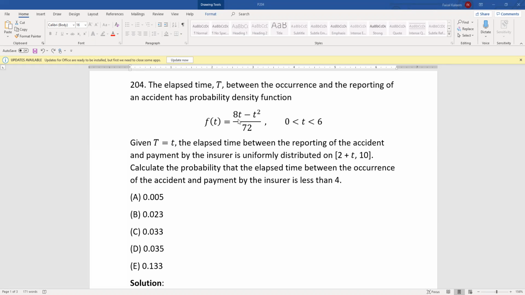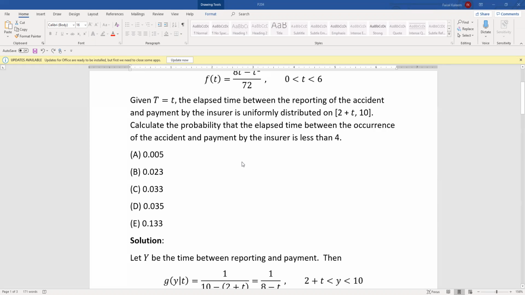So the first time which we are given, that's t, is the time between the occurrence of an accident and reporting. And the second time, let's call that y, is the time between the reporting of the accident and the payment. They don't give a symbol for that, so we'll call it y.